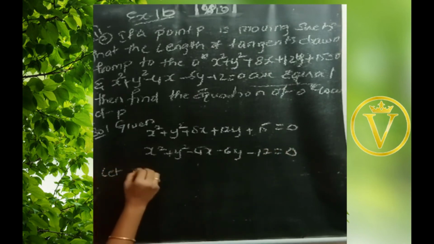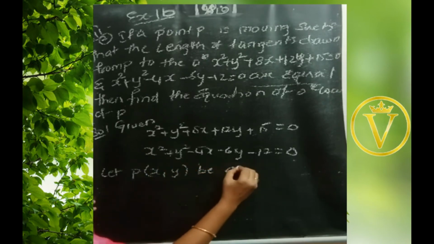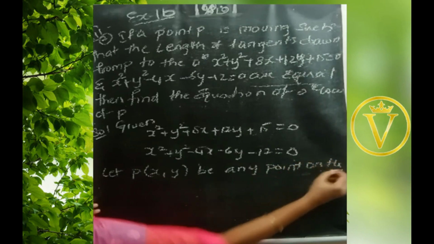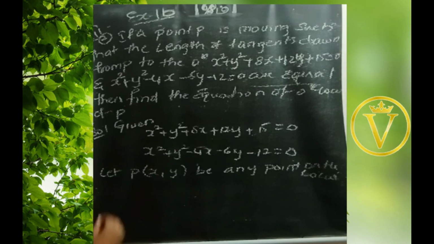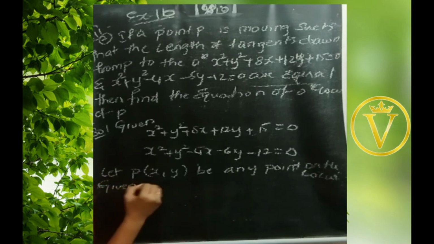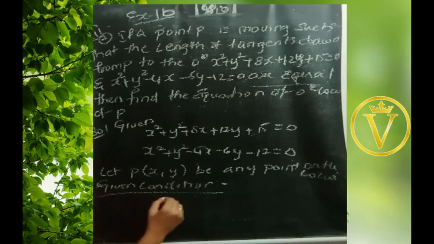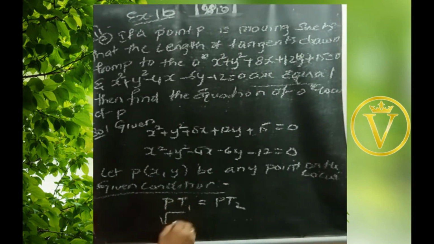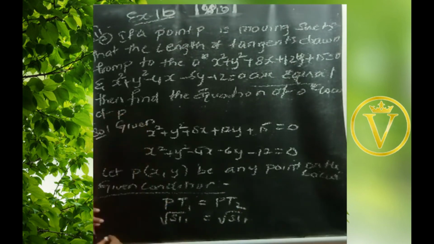Now let P be any point on the locus. What is the given condition here? Equal. So PT1 equals PT2. What is the length of the tangent? Now write the first circle.